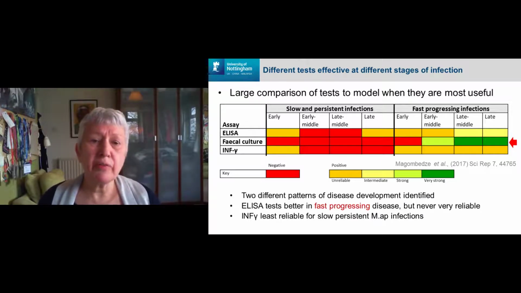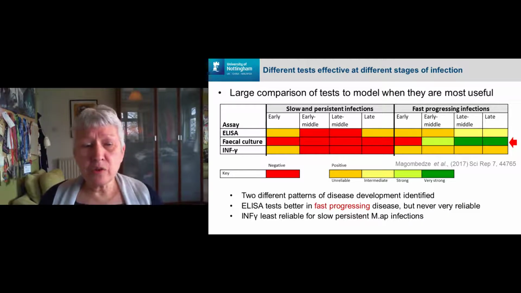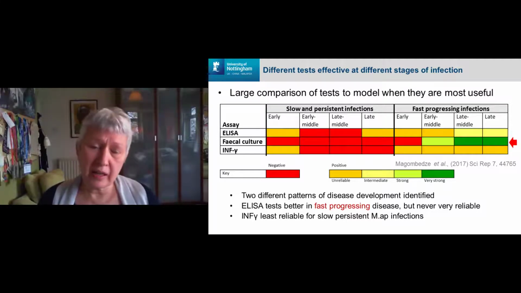First of all, they recognised and really set out the fact that when you get paratuberculosis infections in cattle, there are two different forms of disease identified. And those are slow and persistent infections and fast progressing infections. And what they saw was when they looked at the efficacy of the different tests in these two different types of disease progression, they were different.